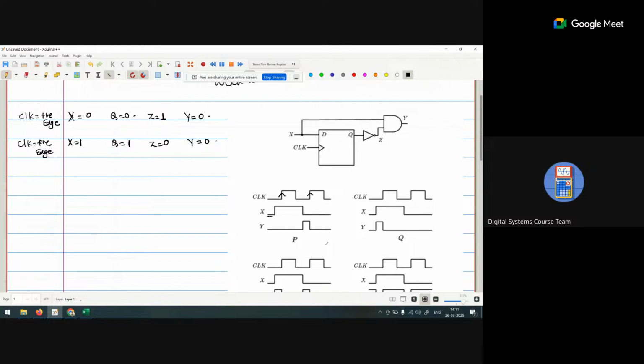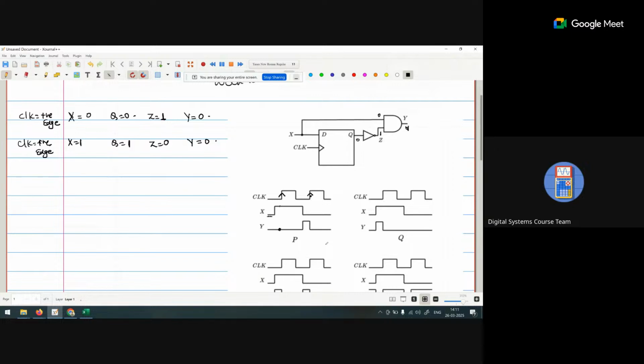We consider only the positive edge. Now at the positive edge when X is 0, Q is 0, Z is 1, and here 0. So Y is 0. You can see Y is 0.